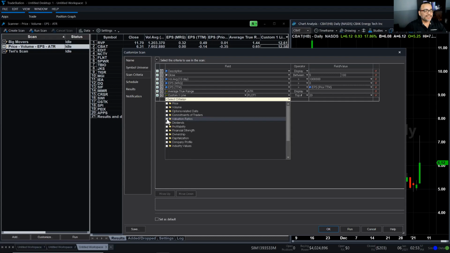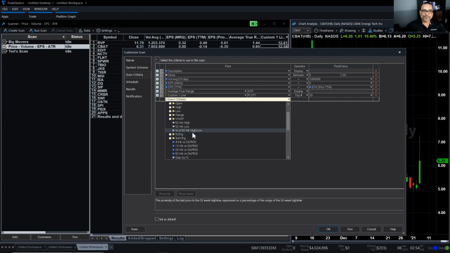No, this is not it. Price, maybe it's price. Yeah, price. Percent, here it is. Percent of 52-week high, low. So this is the type of quote that you can use in order to find stocks that are a certain percentage from hitting the 52-week high or low.